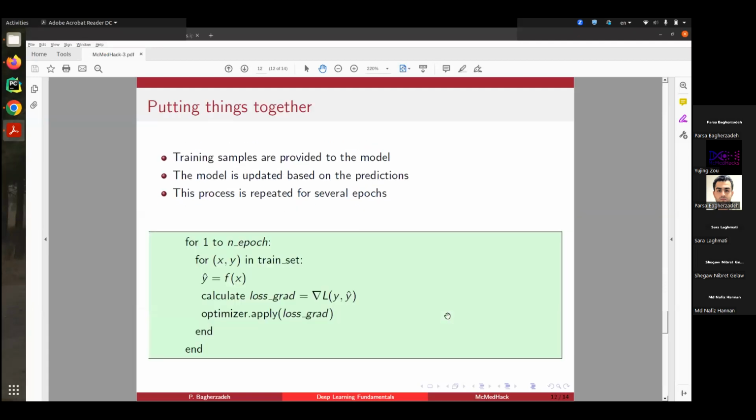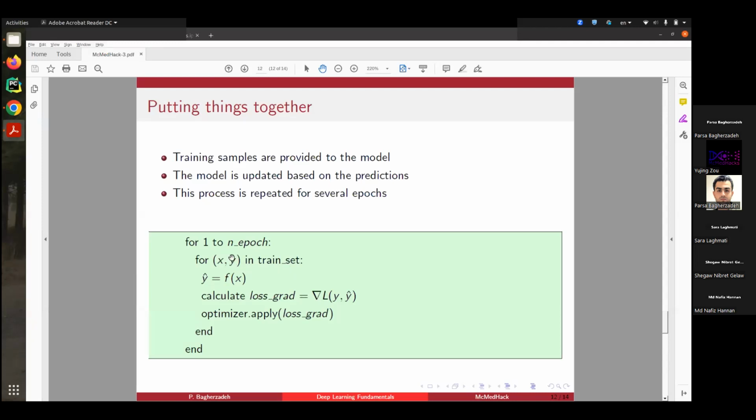If you want to put things together, the training of a neural net is usually done by iterating over the training set for several epochs. We'll talk about why we need to go over the training set several times, but each loop in each epoch comprises going over the training samples one by one.